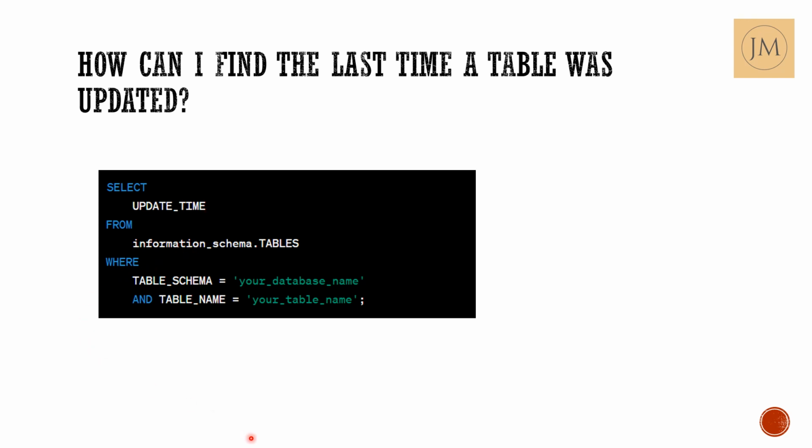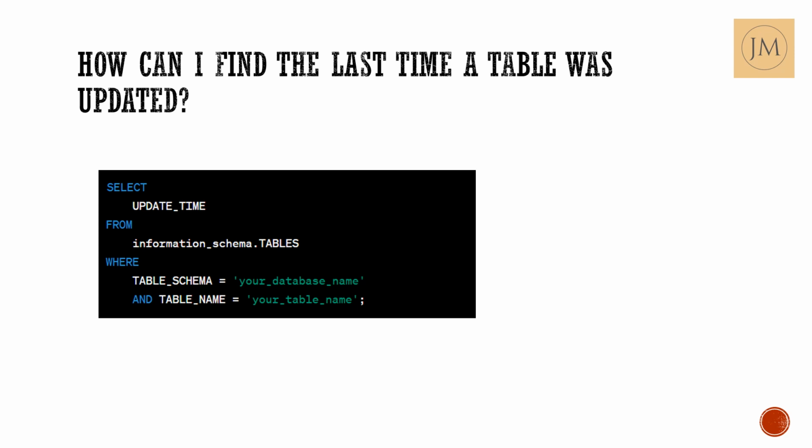One more point I need to highlight over here is, it's not mentioned on the screen, but you can enable the MySQL general query log to track updates to all tables in the database. The location of the MySQL query log can vary depending on the operating system and the configuration of your MySQL server.